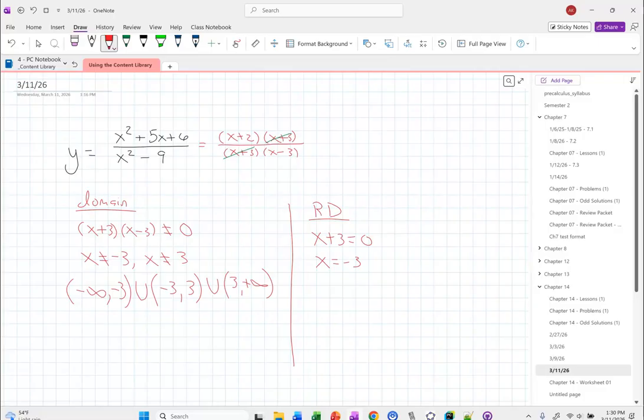How do I get the y? I plug the x into the reduced equation.